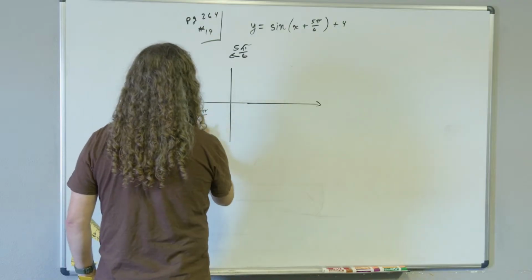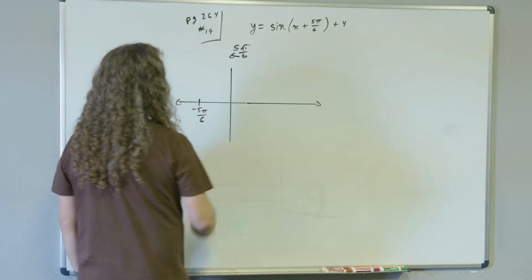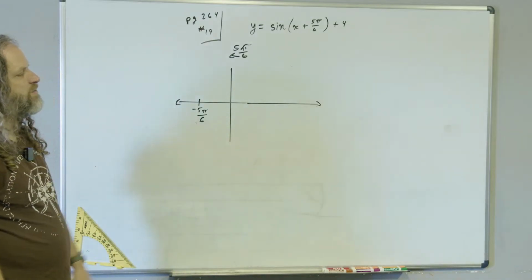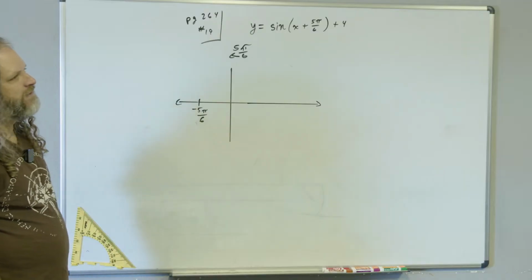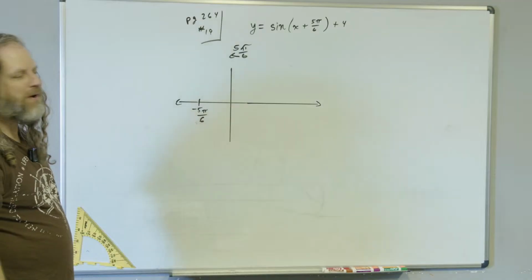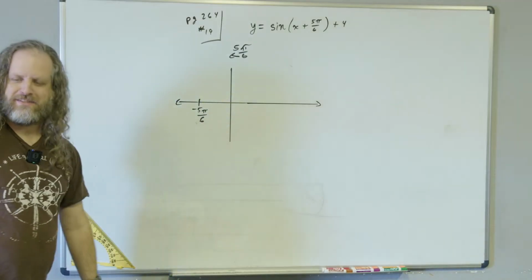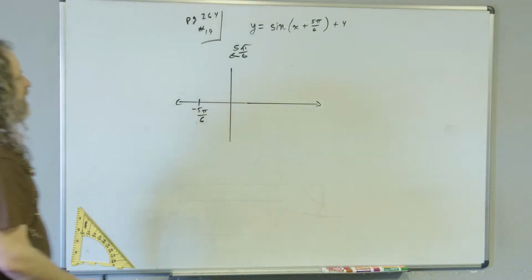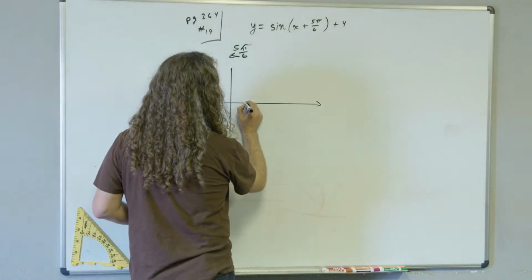We always have pi in the numerator. What is pi over 2 minus 5 pi over 6? Pi over 2 is 3 pi over 6.